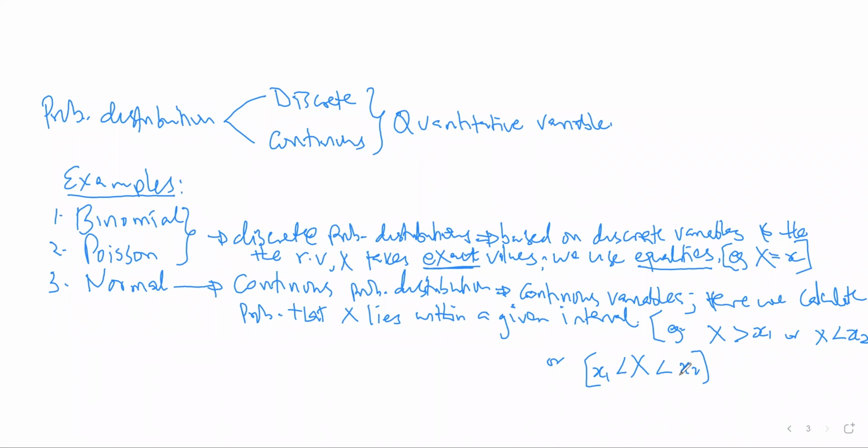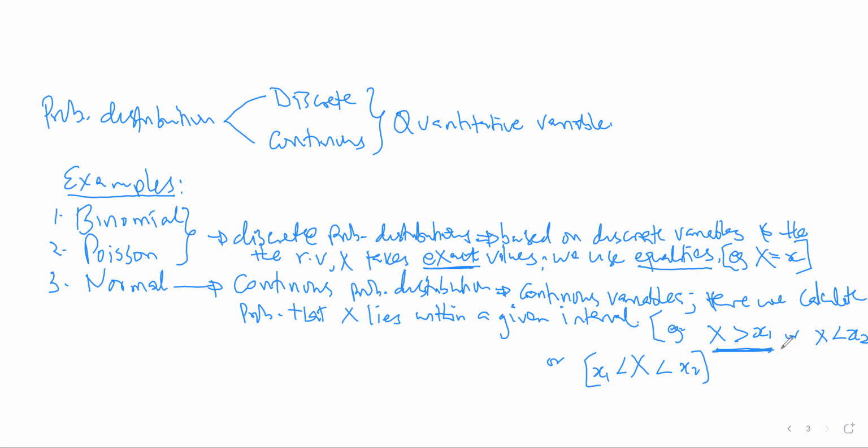In the case of a discrete probability distribution, you have to reduce the problem to a summation of equalities. For example, if you are told X is less than 2, you break it down into X equal to 0 plus X equal to 1.